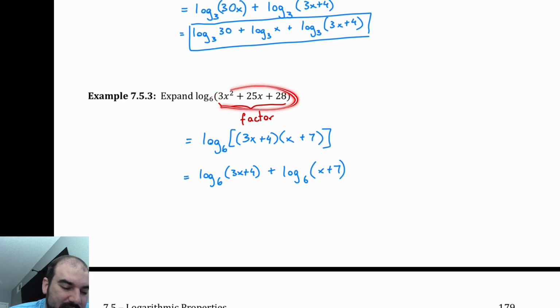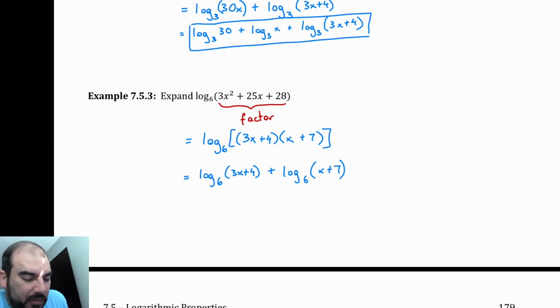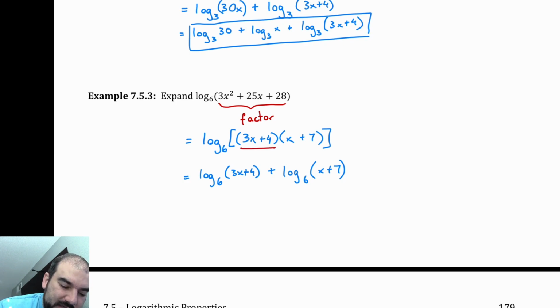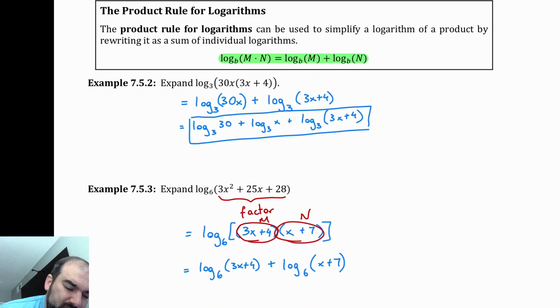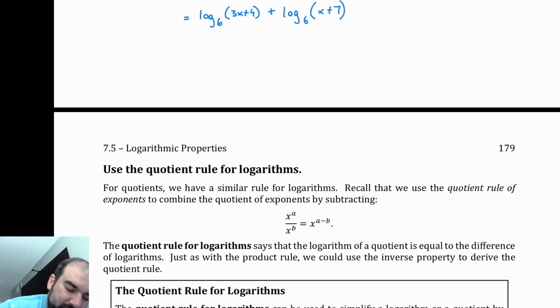This is not a product, this is a trinomial, right? But once we write it as a product, we have two things multiplied together. This is my m, and this is my n. So when I split this up, I get log base 6 of m, and then plus a log base 6 of n, right? I'm using m and n from this formula here, the product rule. Okay, that's the product rule.